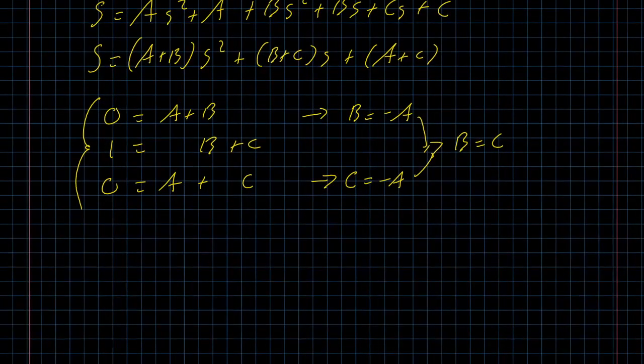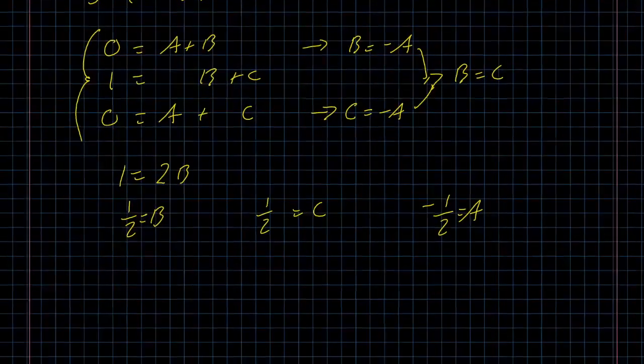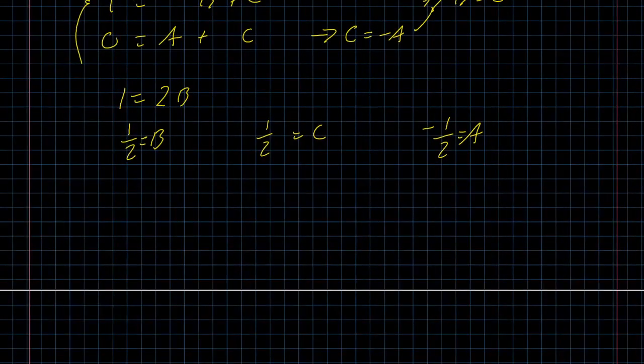Then 1 is equal to b plus b, or 2b, which means that 1/2 is the value of b. And if b is equal to c, that means that 1/2 is the value of c. And if a is the opposite of either of those, that means that negative 1/2 is a.